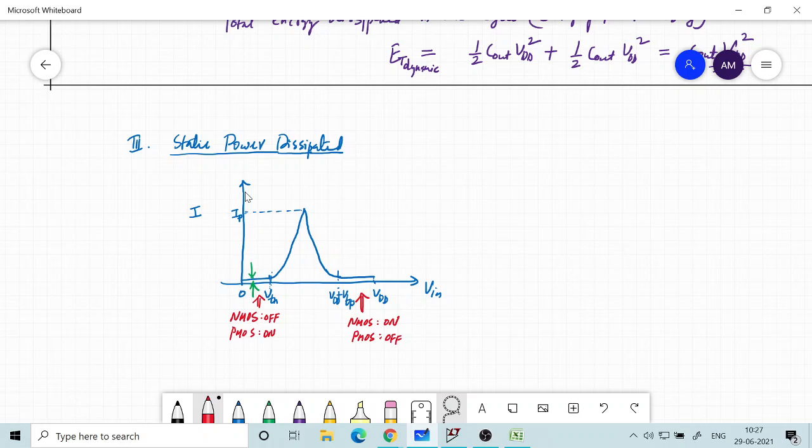In both of these regions we have a non-zero current. This current is very, very small, nevertheless it is not zero. This is the leakage current that we looked at in an earlier class when we studied the short channel effect. This is also called the quiescent current, IDDQ.